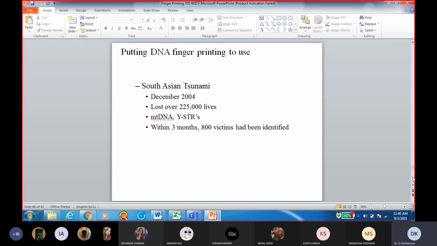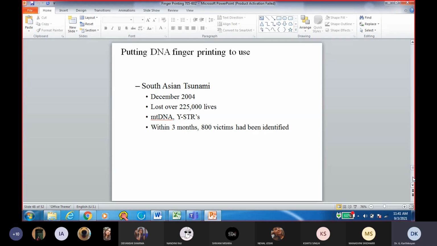I think Malaysia and Indonesia were also hit hard, and close to 225,000 people lost their lives. By 2004, the technology had advanced even further, so mitochondrial DNA and Y chromosome STRs were used for typing, and then remains were handed over to the individuals.